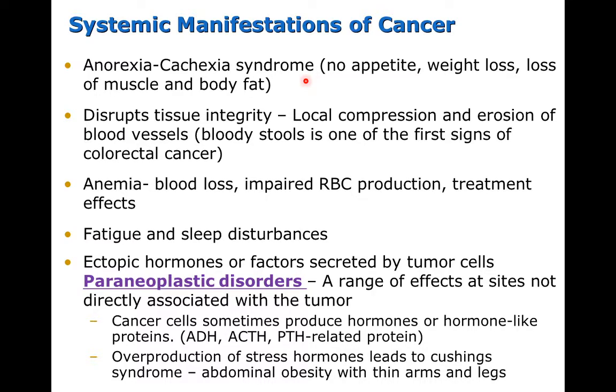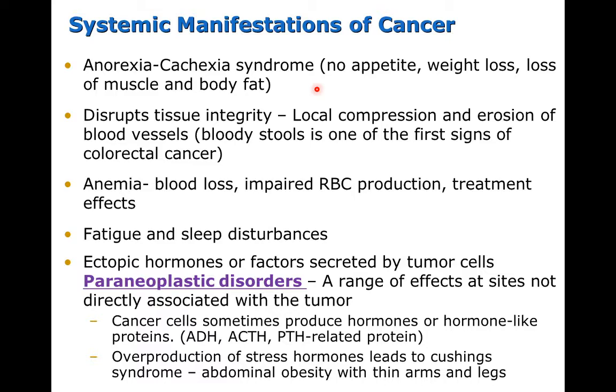Although cancer treatments can make people nauseous and diminish their appetite, the cachexia is way more pronounced than could be accounted for by diminished calorie intake. It's believed to be predominantly related to the hypermetabolic state. It takes a lot of energy for the rapid cellular division of tumor cells.